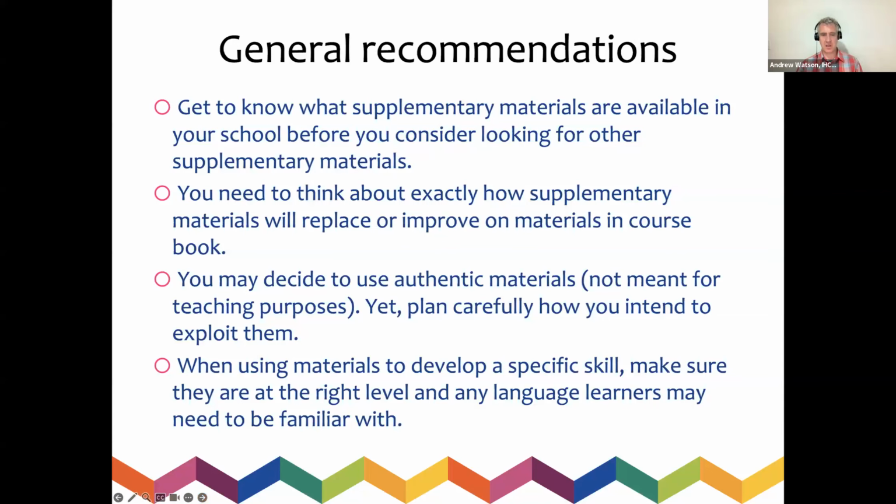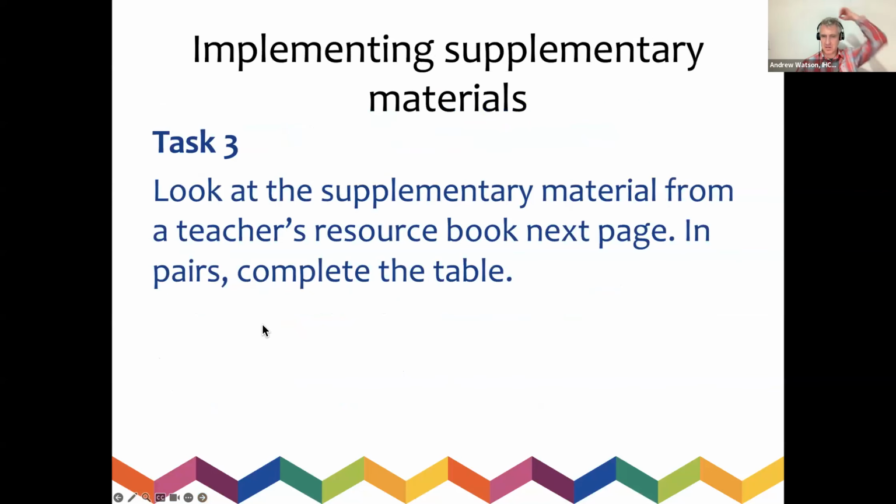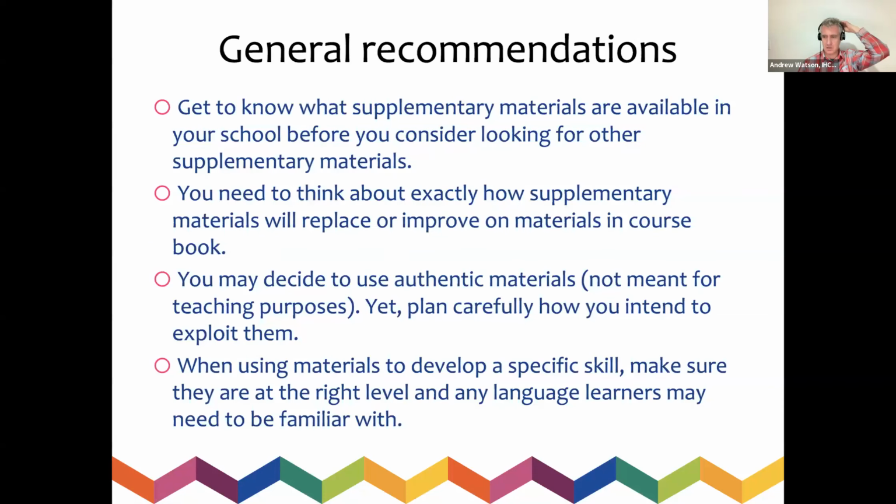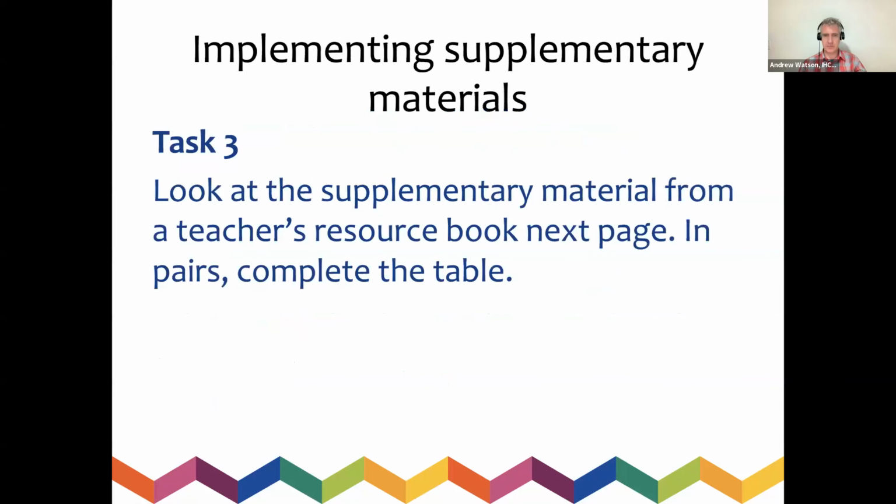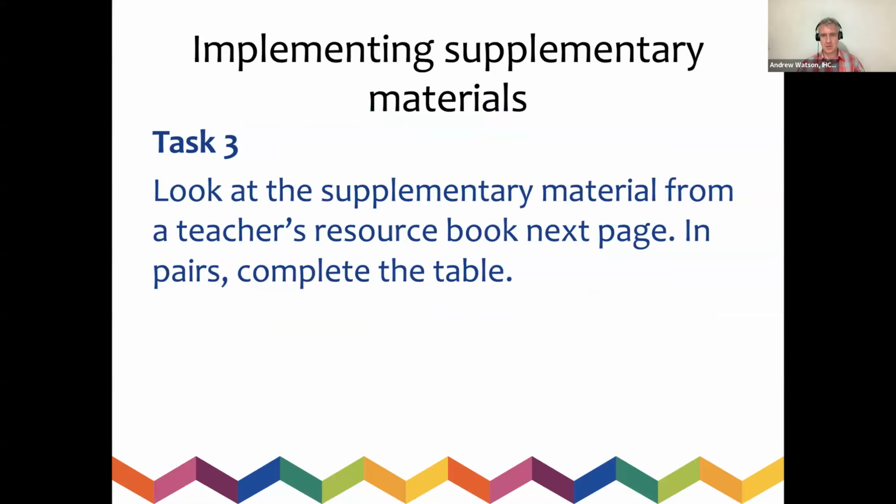So we're going to have a look at a bit of supplementary material from a teacher's resource book. We've already mentioned teacher's resource books. These can be from the teacher's guide or from a special resource book. So let me show you the material.